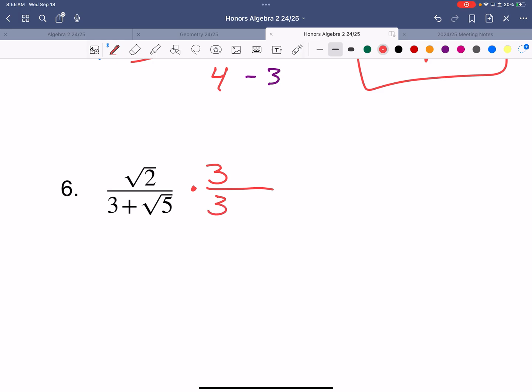We change the sign of the radical. So instead of plus radical 5, it's going to be minus radical 5. So there's our conjugate, 3 minus radical 5. Okay, now I want you to go ahead and see if you can simplify that. Go ahead.